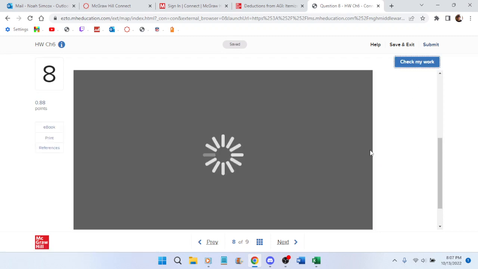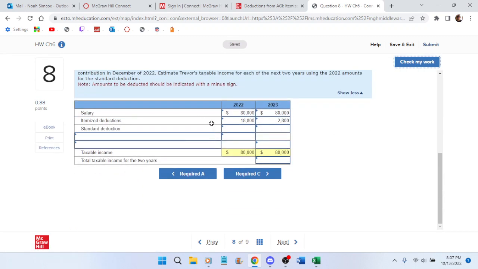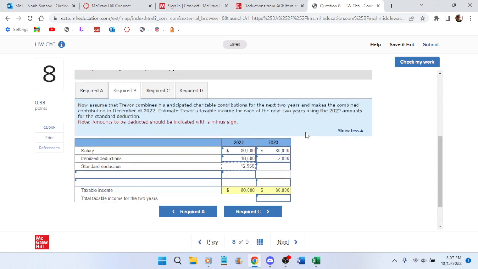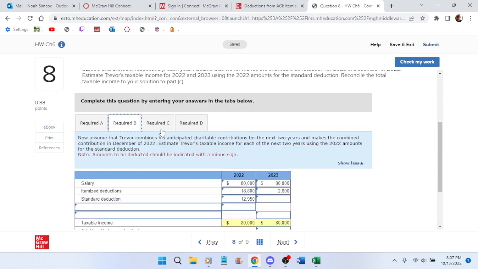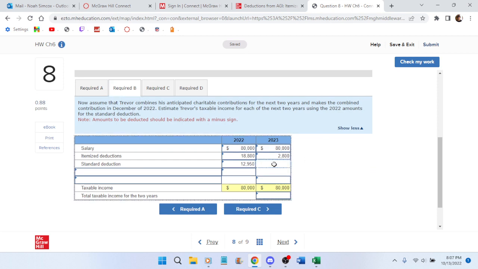Good. Now the standard deduction, we already calculated that this is 12,950, right? Well, not calculated, it's just a number that was made up, basically.